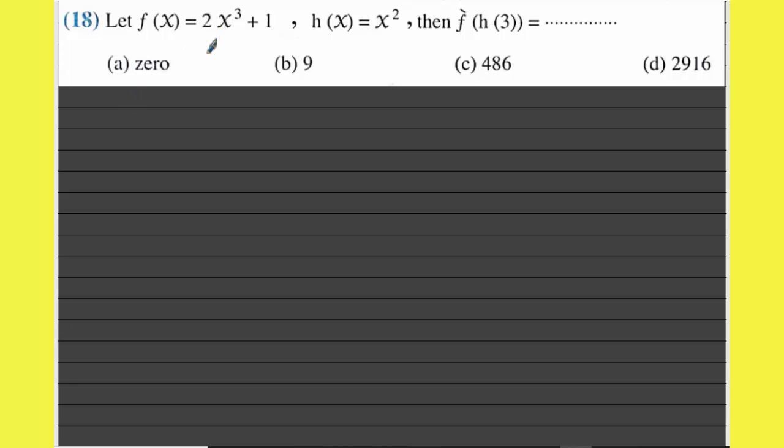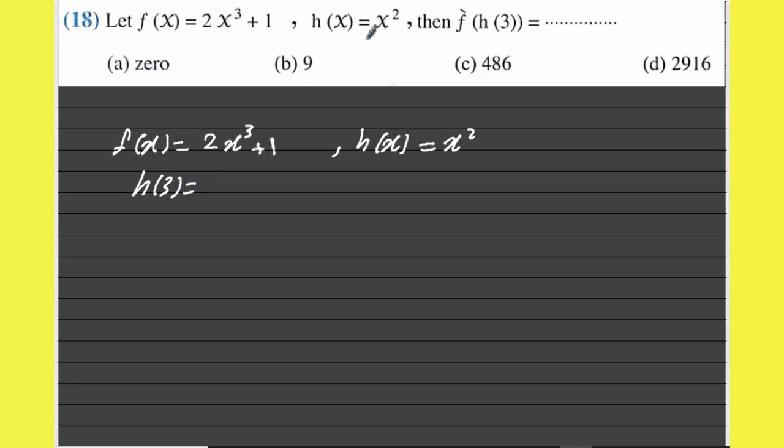Question number 18. Let f of x equals 2x power 3 plus 1, and h of x equals x square. Then f dash of h of 3 equals one of these values. First, I'll calculate h of 3, considering h of x equals x power 2. So h of 3 equals 3 power 2, which equals 9.